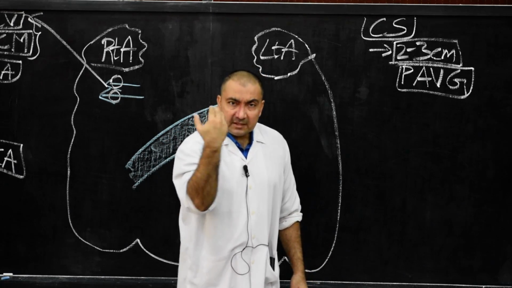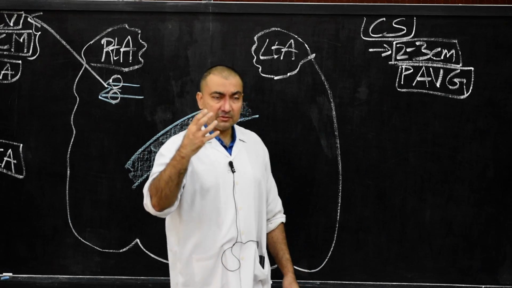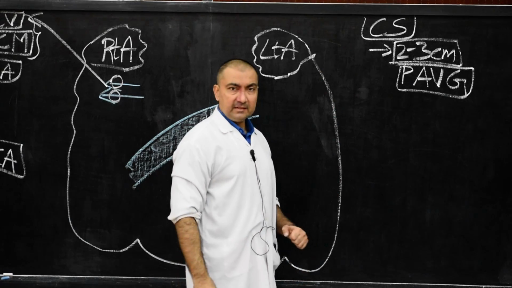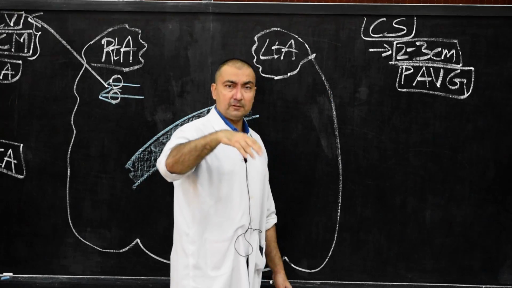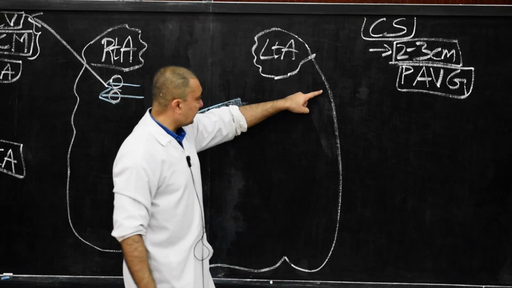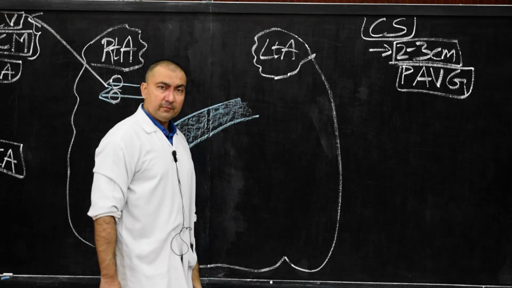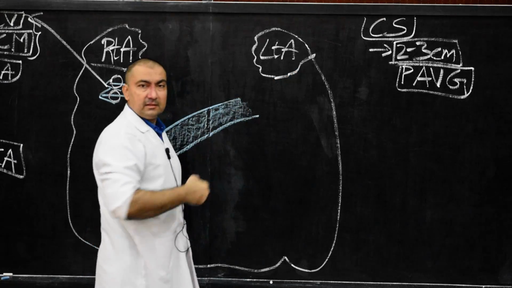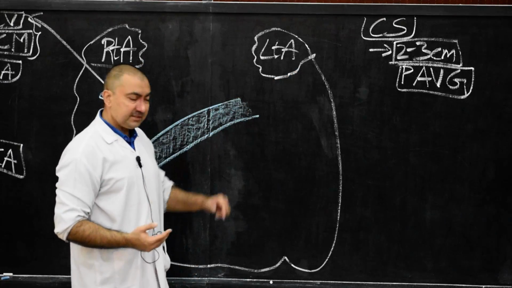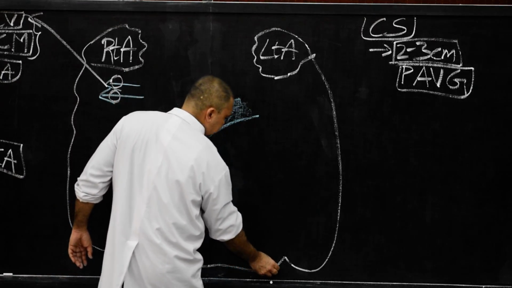What is the starting point and what is the termination of the coronary sinus? This coronary sinus is continuous from the left margin of the atrioventricular groove. That means the left margin will be here. And this left atrioventricular margin provides the starting point to the coronary sinus by continuation of a vein.